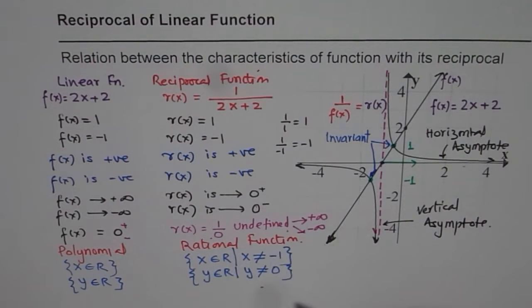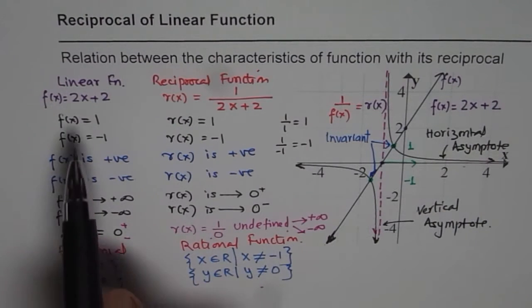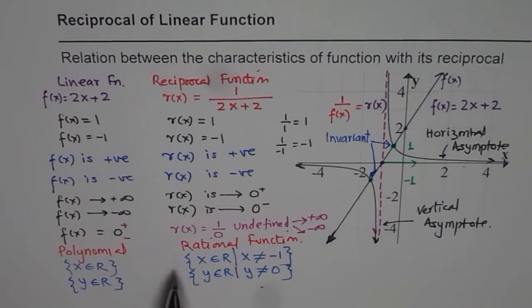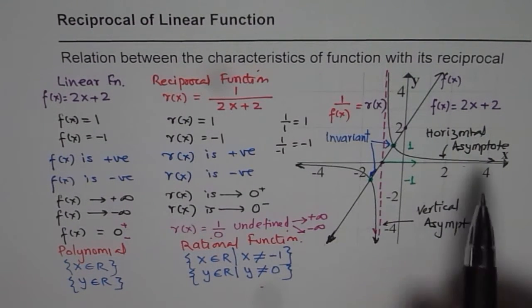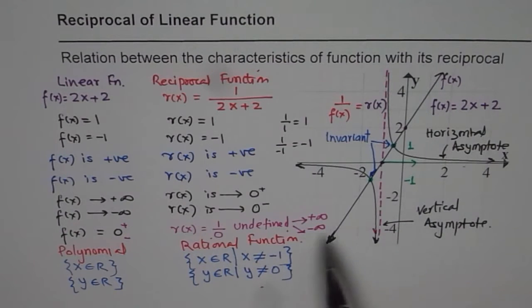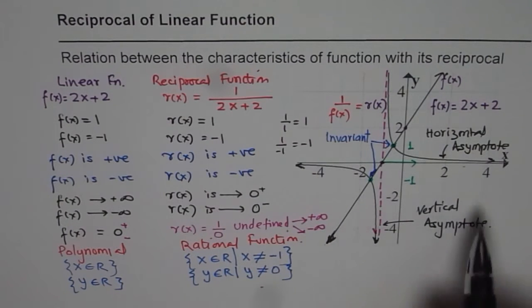So a reciprocal function can have, I should not say will have, for a linear function, the reciprocal of a linear function will always have, right? If it is not a horizontal line in that case, right? Horizontal lines are different. So we are treating horizontal and vertical lines as different from general linear functions, okay?